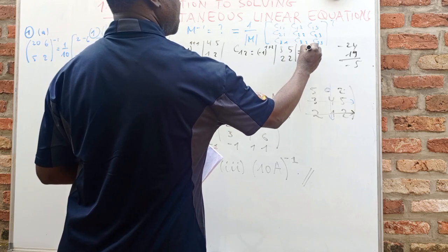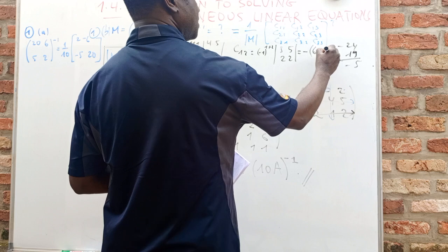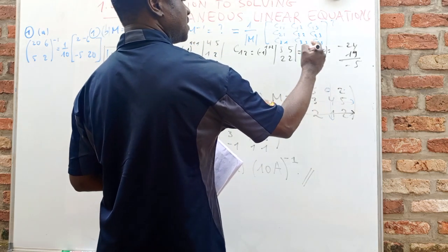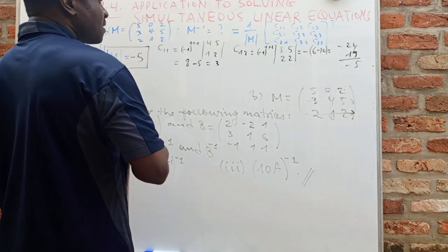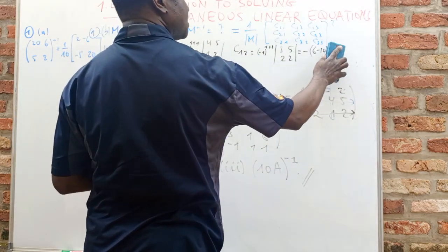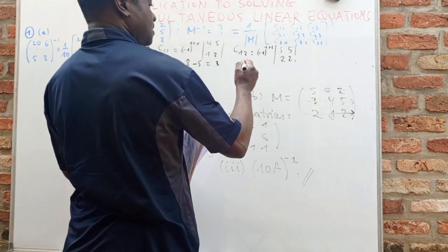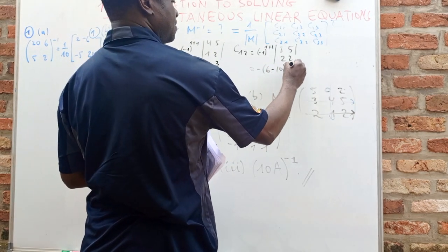So this determinant is the opposite of 6 minus 10, 6 minus 10, -4, times -1. Let me just use this space. This is -6 minus 10, which is equal to 4.